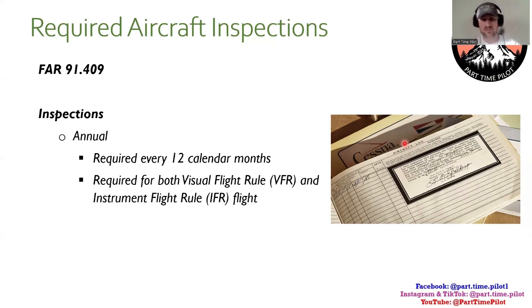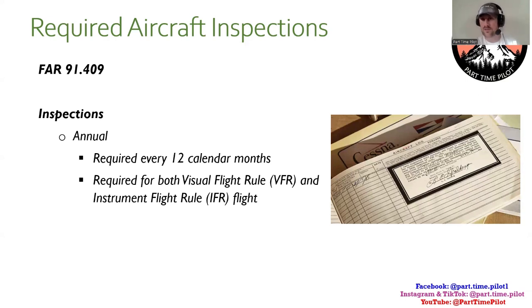Just real quick, if you don't know, maybe if you're just getting started, let's go over what VFR and IFR flight are. VFR stands for Visual Flight Rules. It's a set of regulations allowing pilots to operate an aircraft in weather conditions clear enough to navigate and control the aircraft by visual reference to the ground and other obstacles without relying solely on instruments. So basically think of good weather flying as VFR.